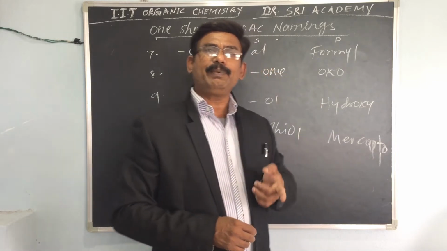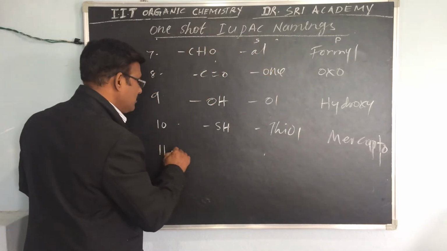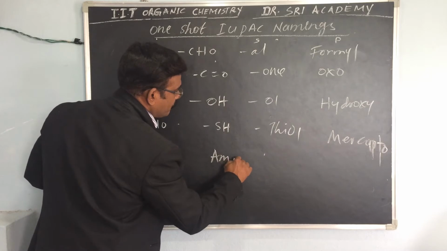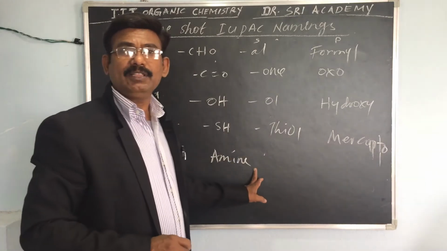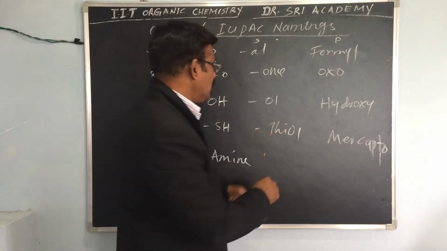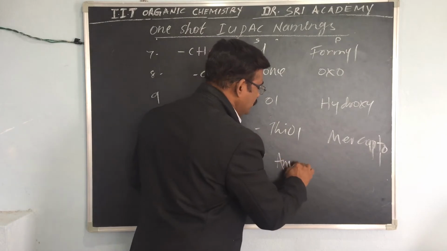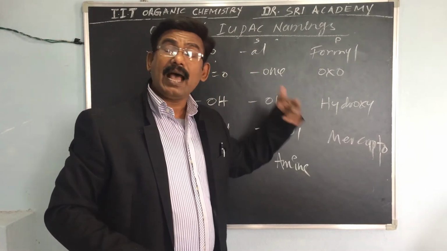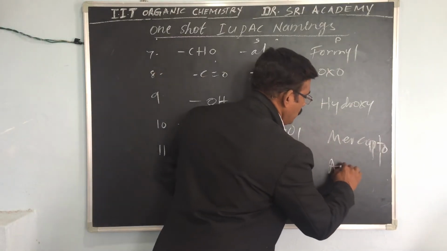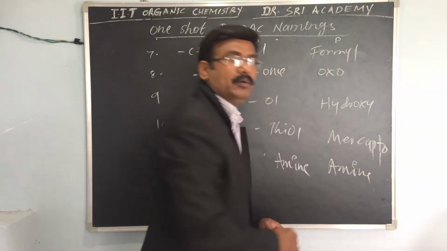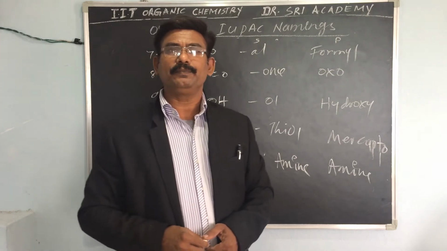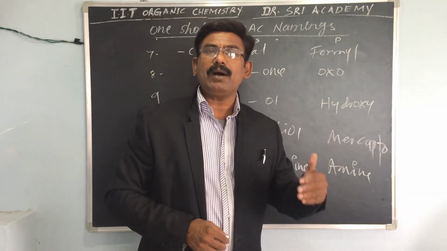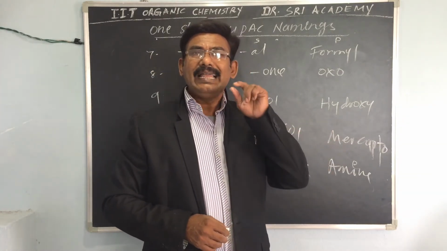And the 11th priority is the amine. The suffix is amine and prefix is amino. And then after amine, the 12th one is the alkenes.